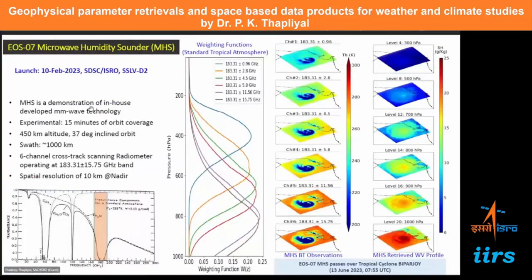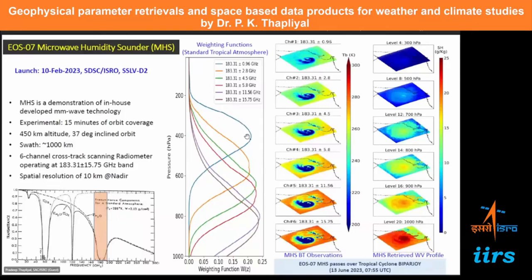And recently we have, as a technology demonstration, ISRO has developed one microwave humidity sounder. This is our first in-house developed humidity sounder, and this was only for demonstration purposes. It was built in a very short time, about I think 3 months, and this is giving you very useful information in the water vapor absorption band of microwave, around 183 gigahertz.